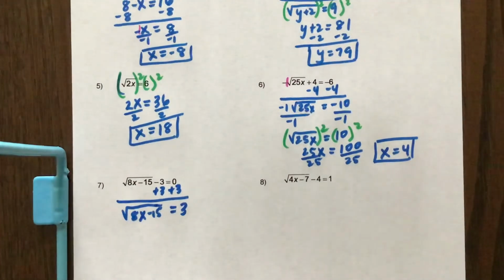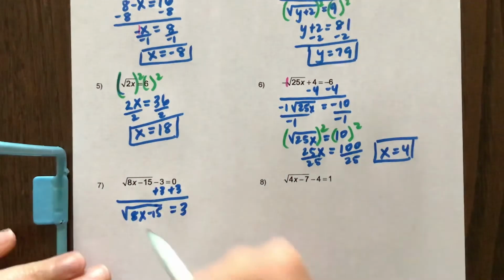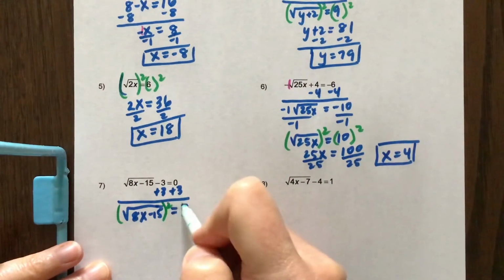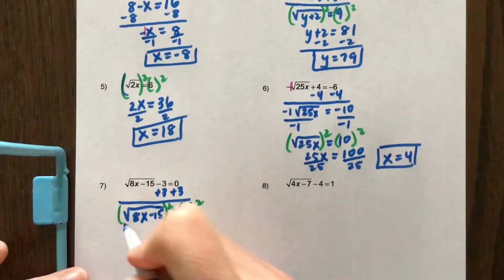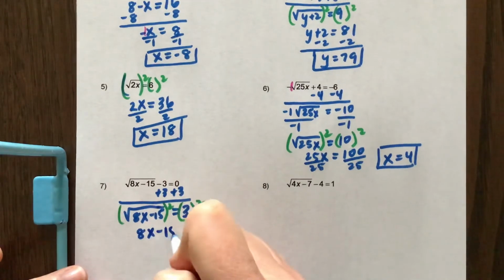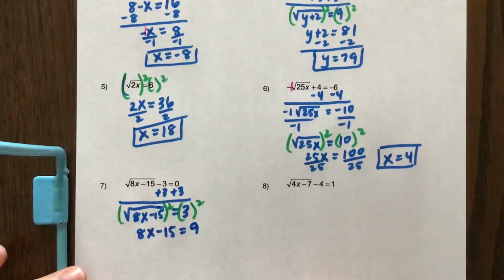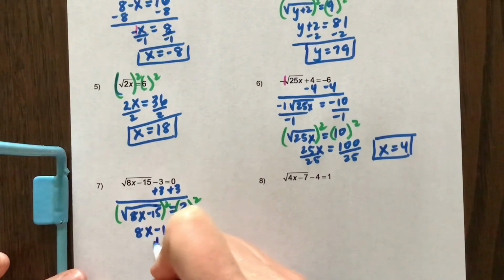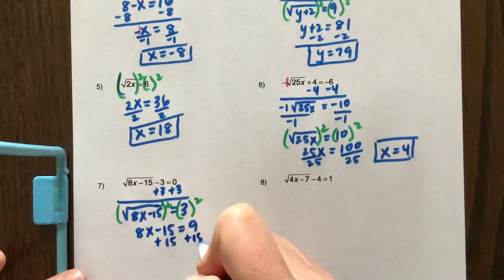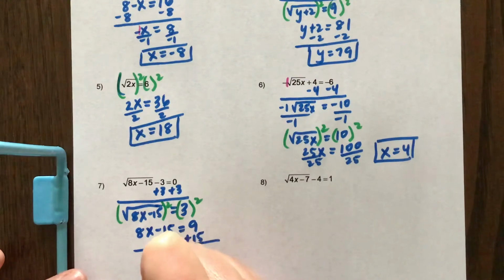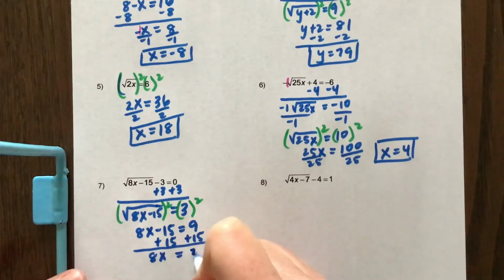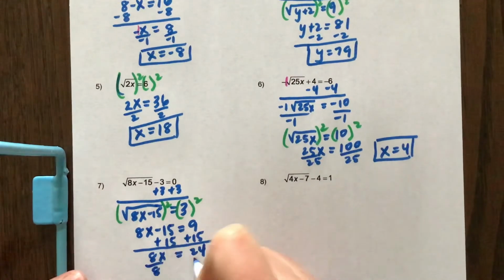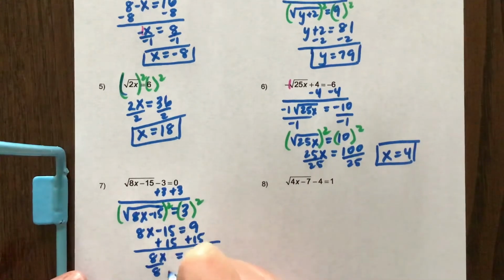I've successfully isolated that radical symbol, so I will now square both sides of my equation, which will give us 8x minus 15 is equal to 3 squared is 9, 3 times 3. And now I'm just going to solve this equation like I would any other. Get that variable by itself. 8x is equal to 9 plus 15 is 24. Divide both sides by 8 since that was being multiplied, so x is equal to 3.